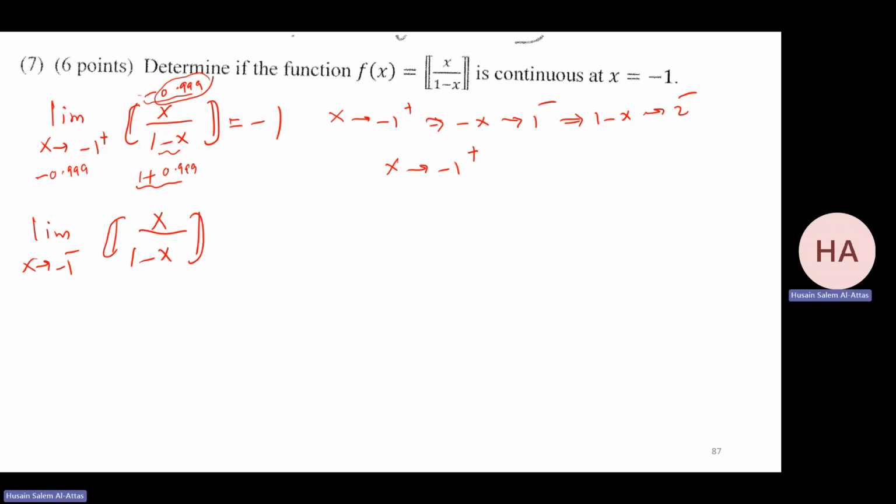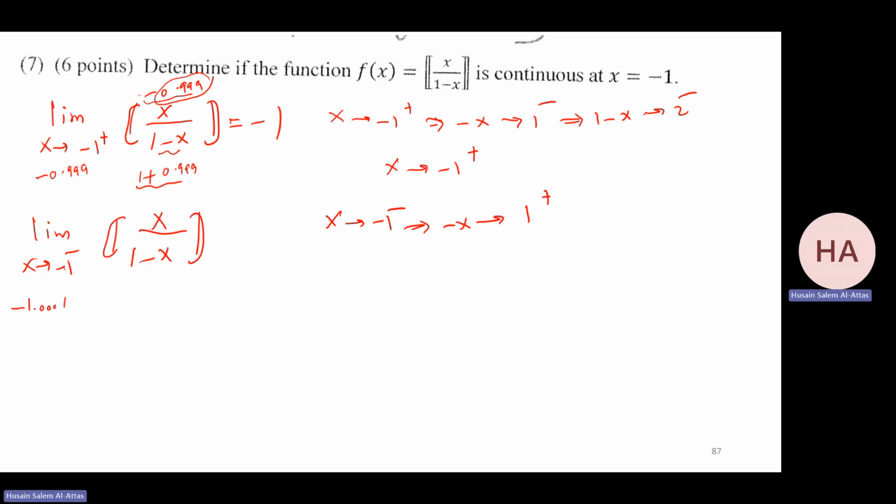Now do the same from left. See what will happen. As x goes to -1 from left, which is -1.001, something like this, minus x goes to 1 from right. I add 1 to it.